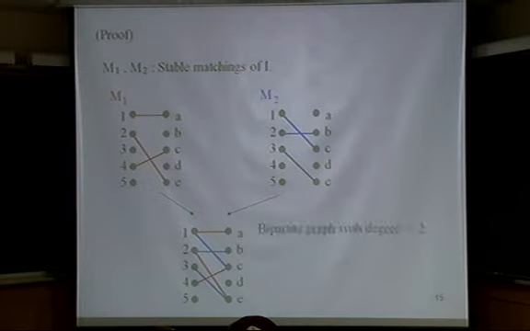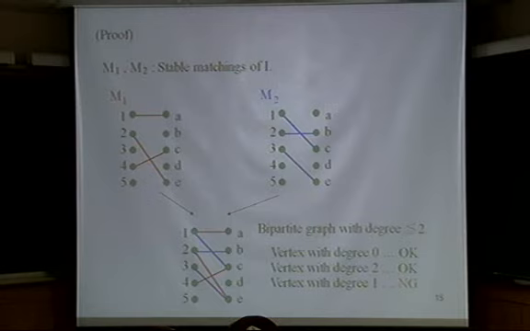If the vertex has degree 0, it's okay, because he is single in both matchings. If the vertex has degree 2, then it's also okay, because he or she is matched in both matchings. The problem is a vertex of degree 1. We want to show that there is no vertex of degree 1. It suffices to show that there is no path in this bipartite graph.